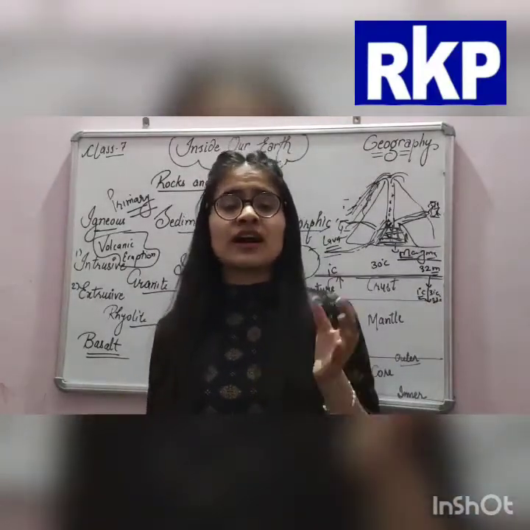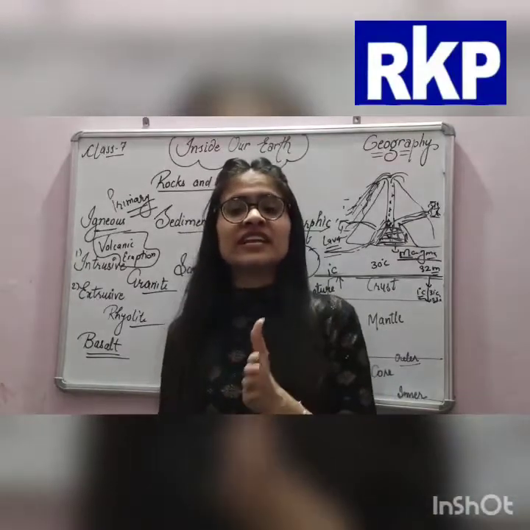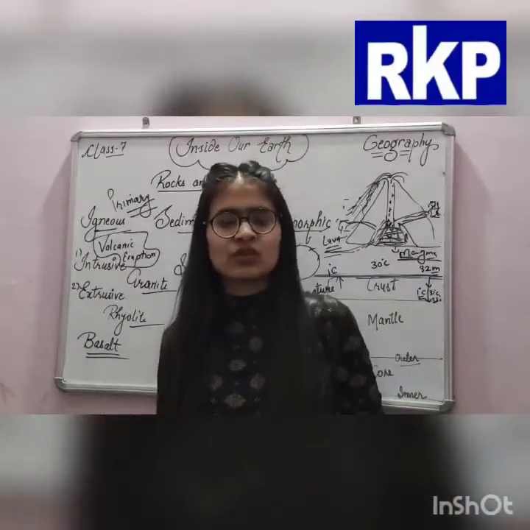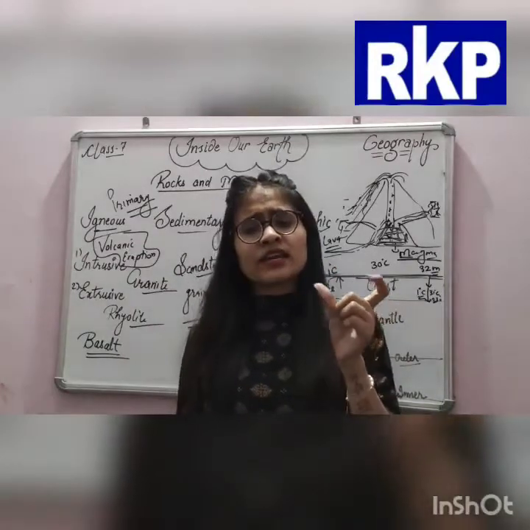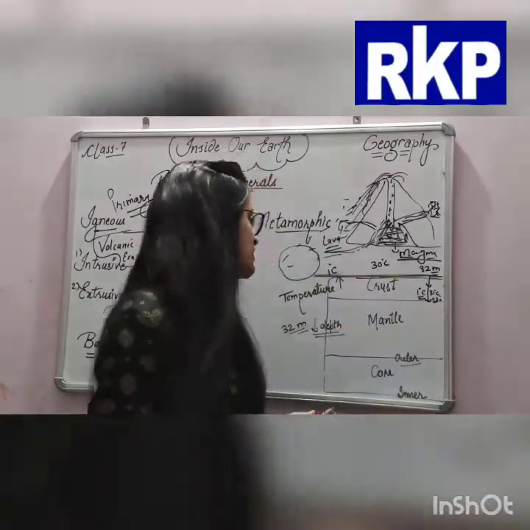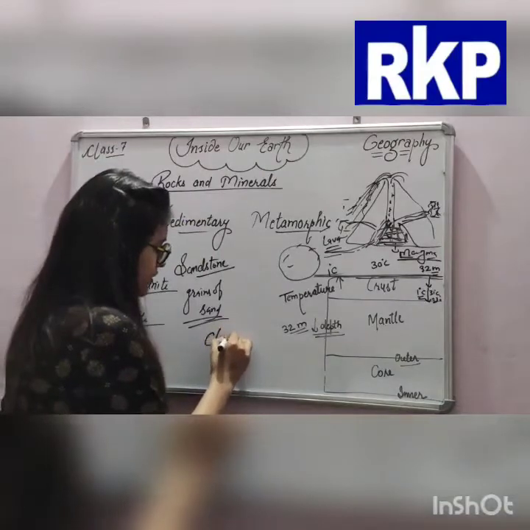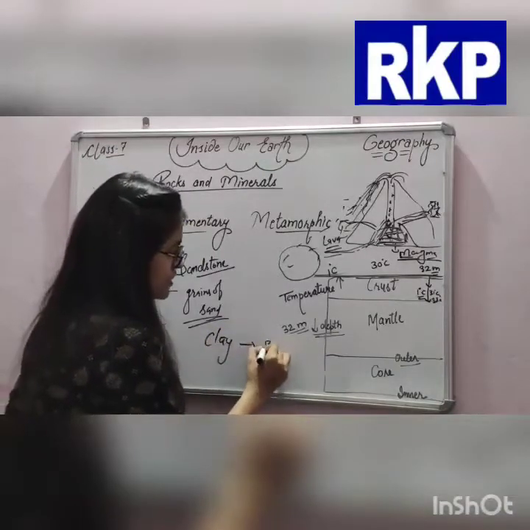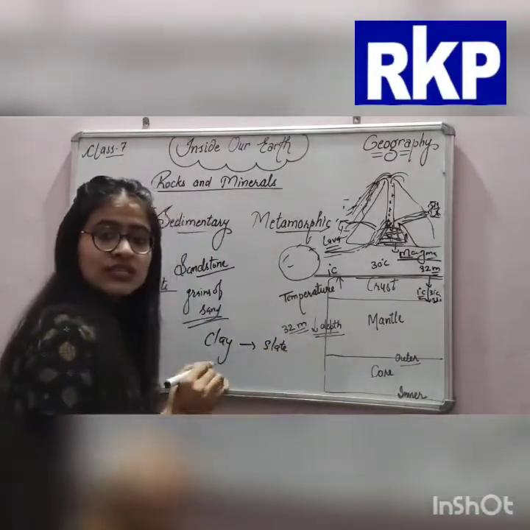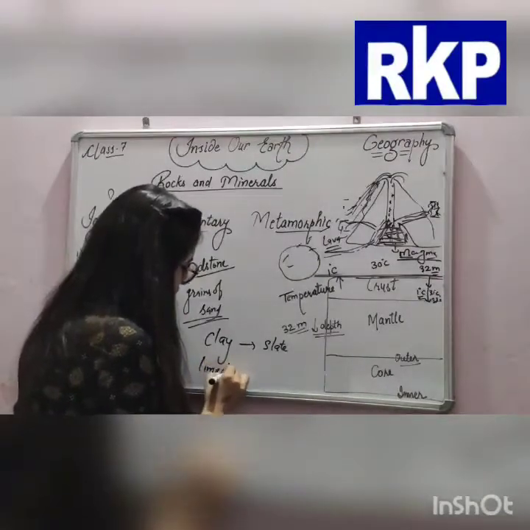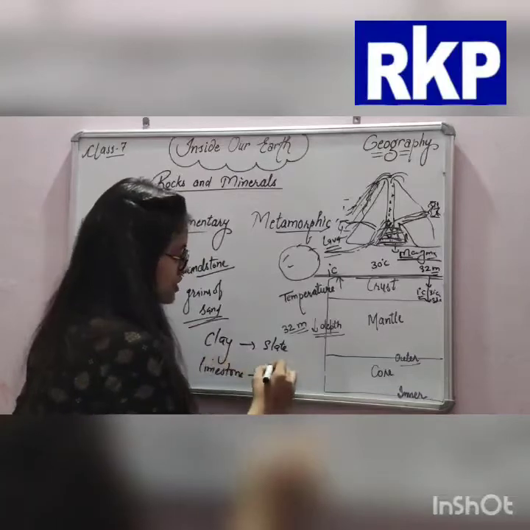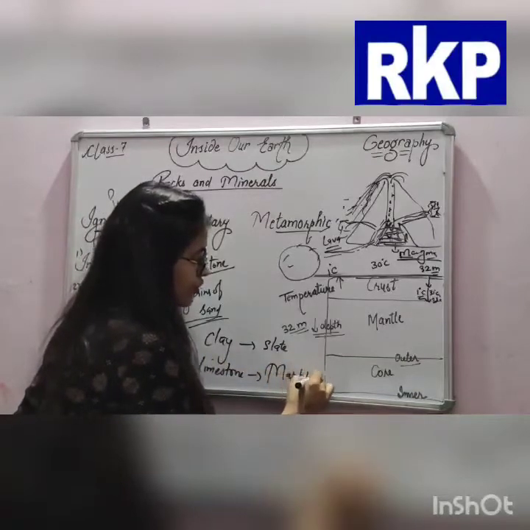Because of great heat and pressure. Okay, and there is an example like clay. Clay changes itself into slate, and there is another example, that is limestone. Limestone changes itself into marble.